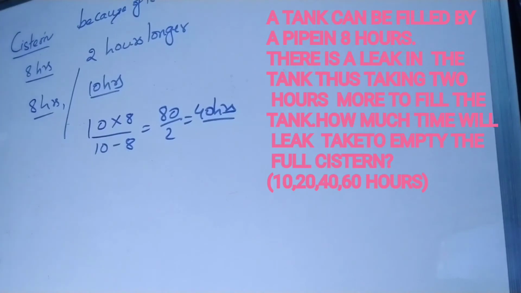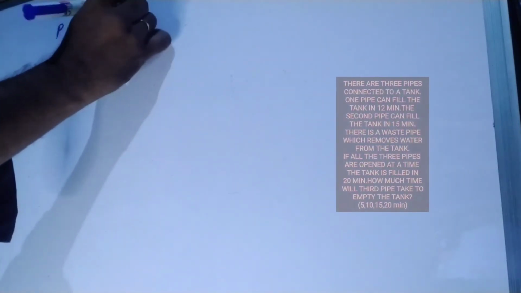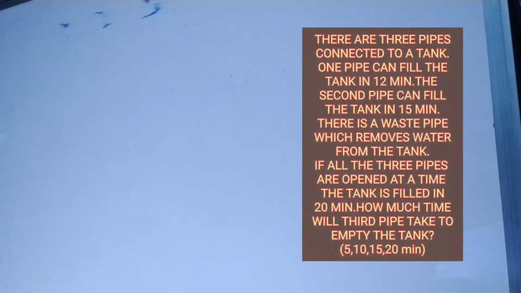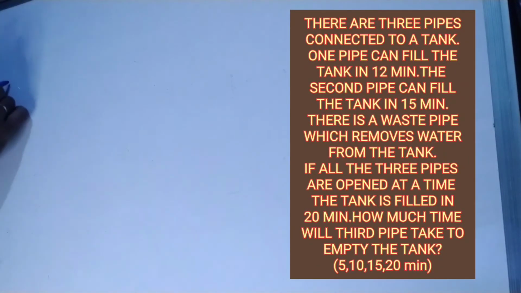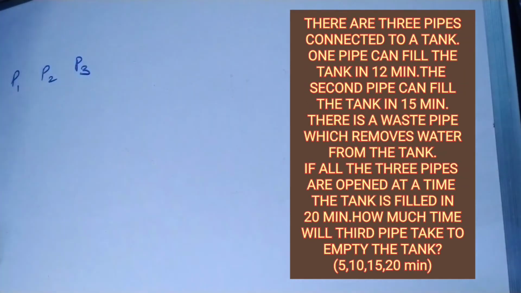We are going for the next question. A cistern has 3 pipes, that is P1, P2, P3.